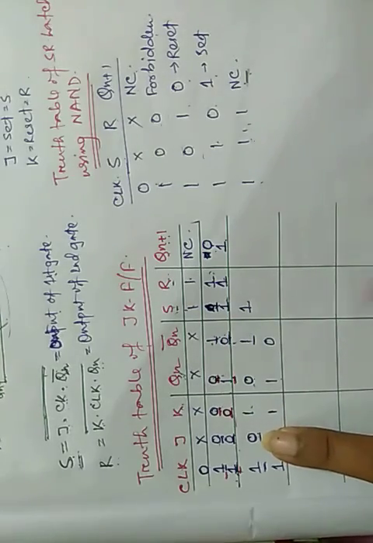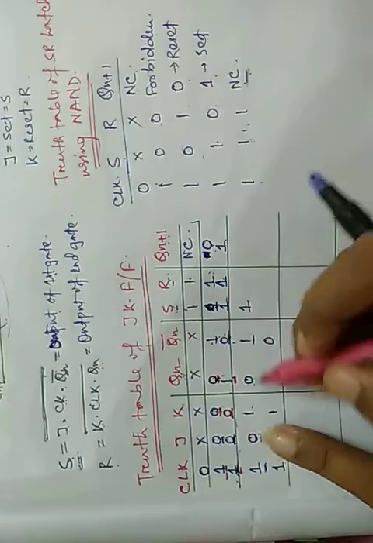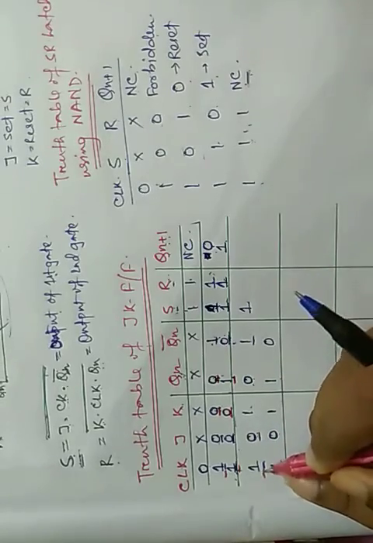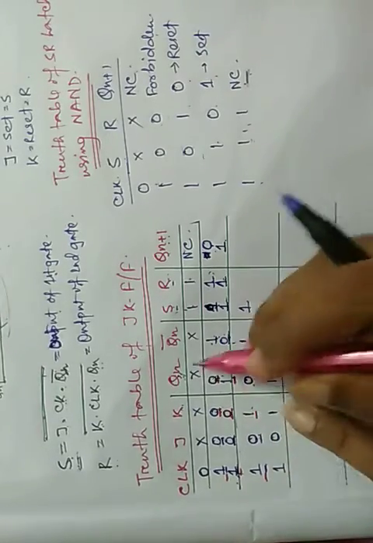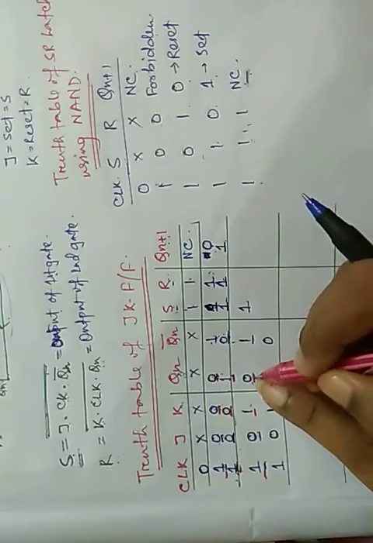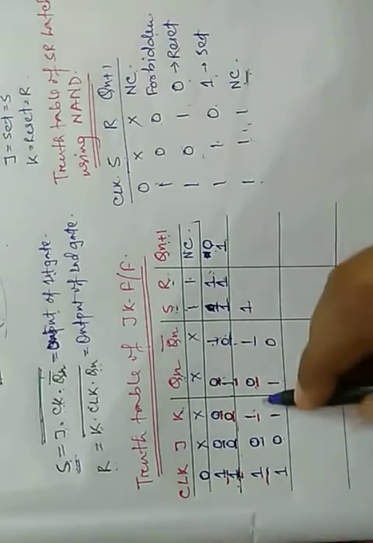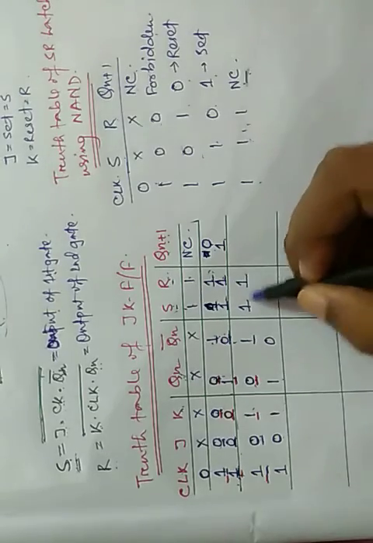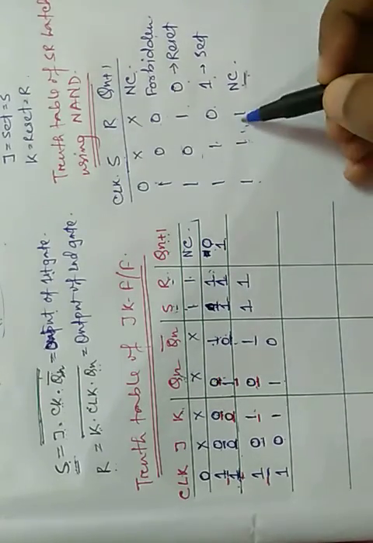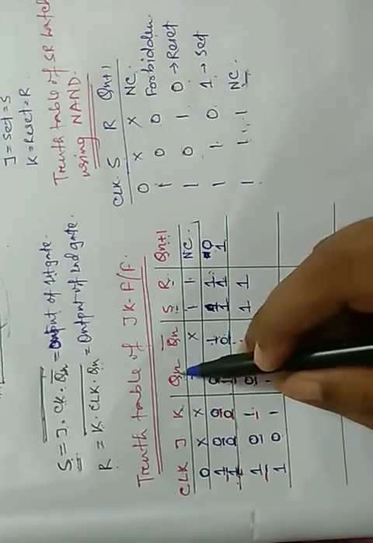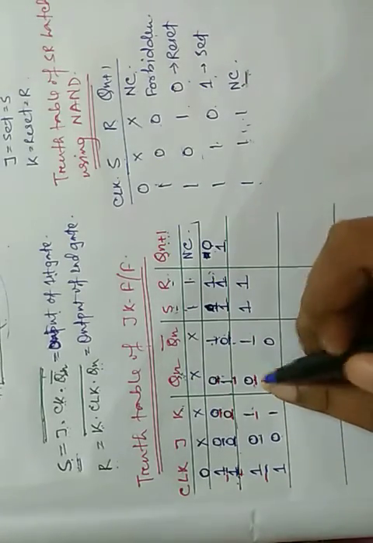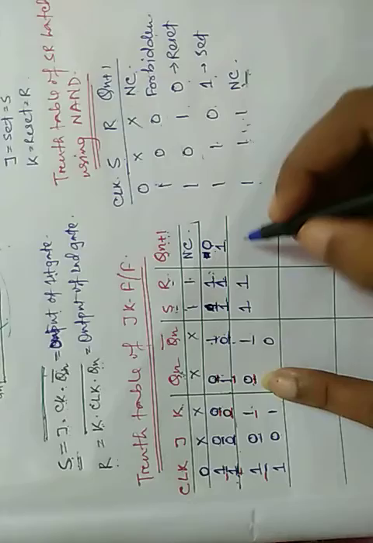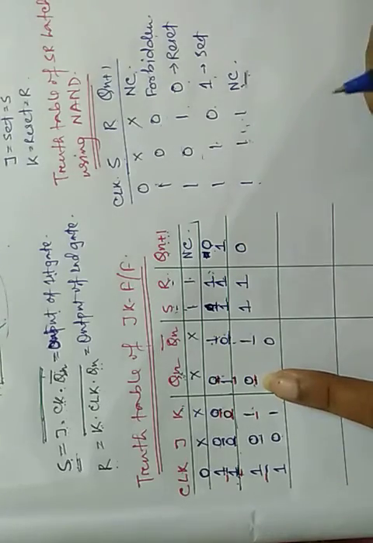Now for the R value, we have to check clock is 1, K is 1, but Qn is 0. Again one is 0 here. So as 0 is here, the output is 1. When both S and R are 1, there is no change. No change means Qn and Qn plus 1 have the same value. So as Qn is 0, here also we get 0.